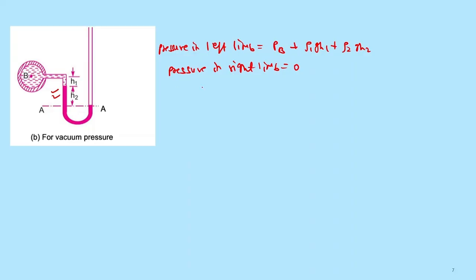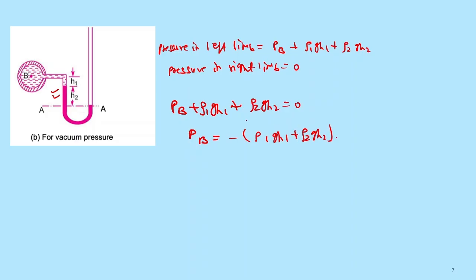If you equate both, we will get PB plus rho 1 G H1 plus rho 2 G H2 equal to 0. And we will get PB equal to minus of rho 1 G H1 plus rho 2 G H2. And that is the final derivation of this.